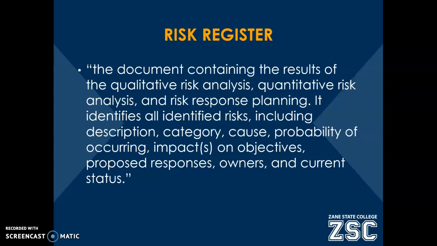We want to come up with a plan for how to deal with these risks if and when they occur, and we want to assign an owner to each one and only one owner responsible for dealing with a particular risk.